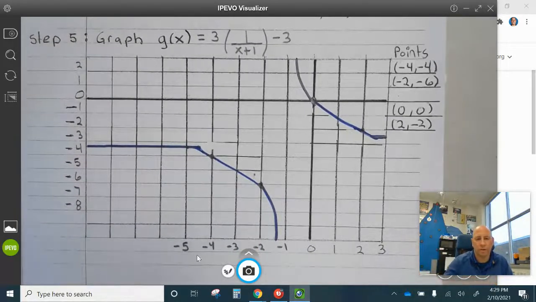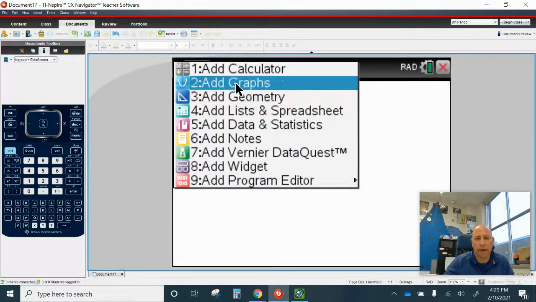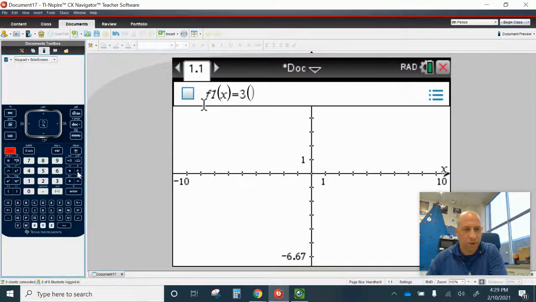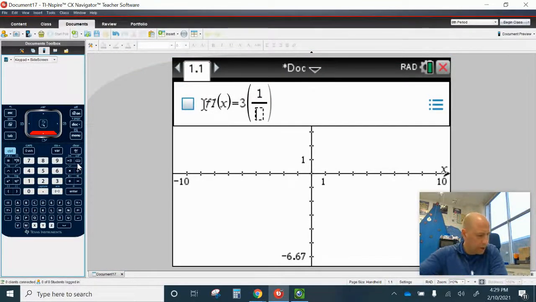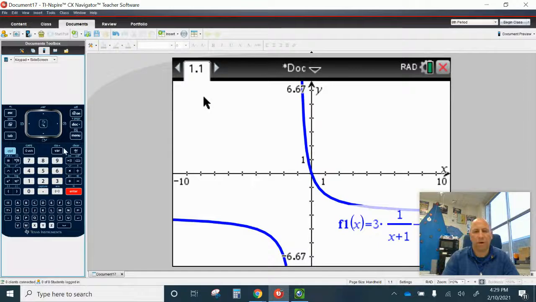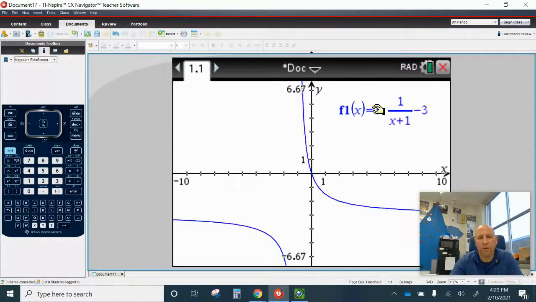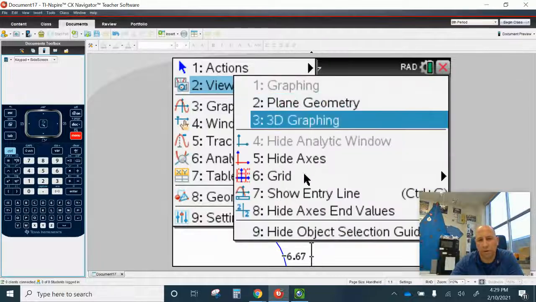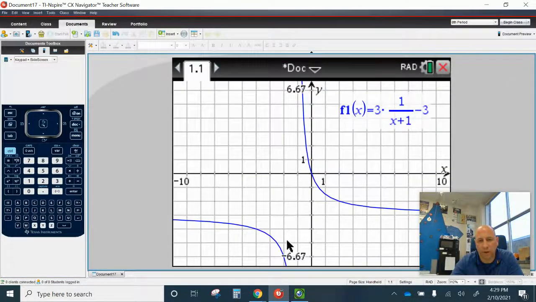g of x. Okay, so we're going to go to add graph, and then we're going to graph 3, parentheses, control, divide, 1 divided by x plus 1, minus 3. Okay, now I'm going to move this over here. I'm going to go to menu, view, grid, line grid. Now, we want this point right here, but there's not an exact point.